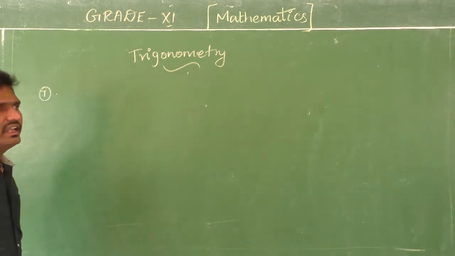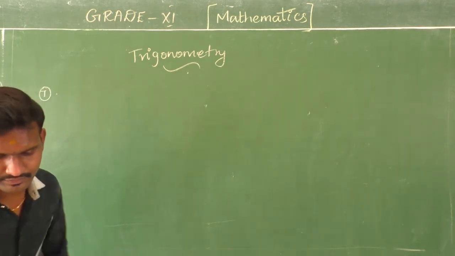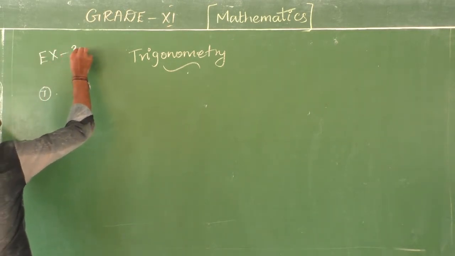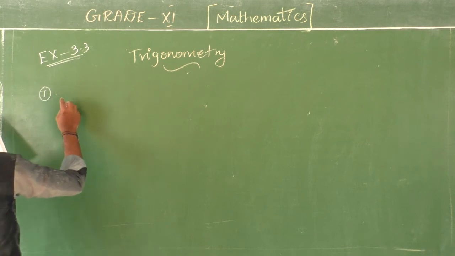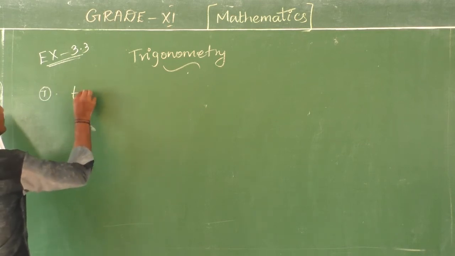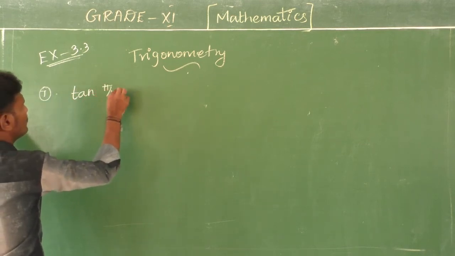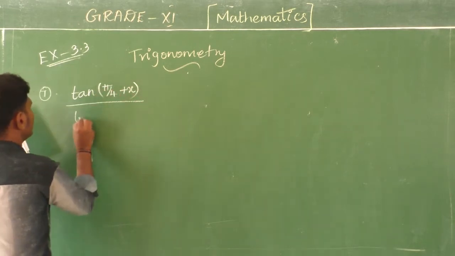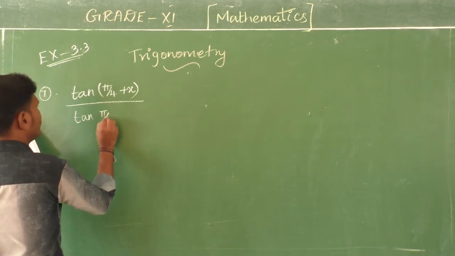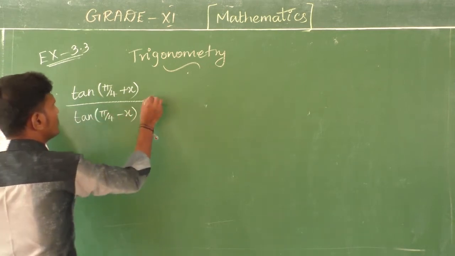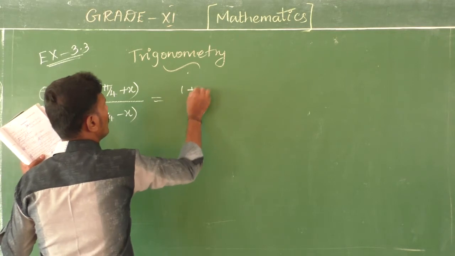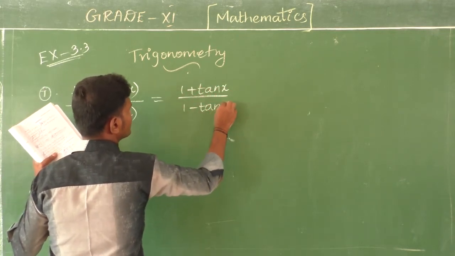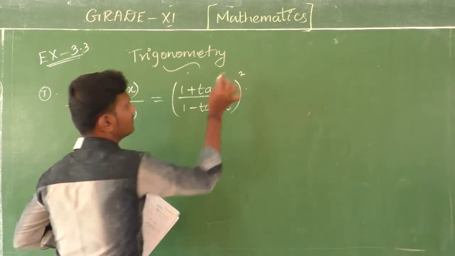Question number 7 in exercise 3.3. Prove that tan(pi by 4 plus x) divided by tan(pi by 4 minus x) is equal to ((1 plus tan x) divided by (1 minus tan x)) the whole square.